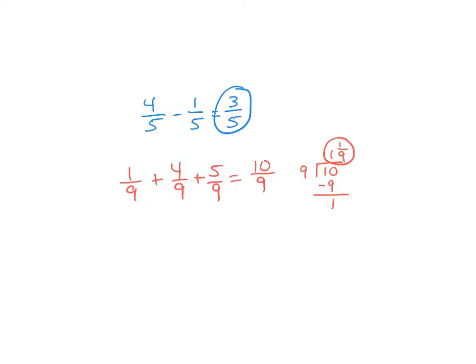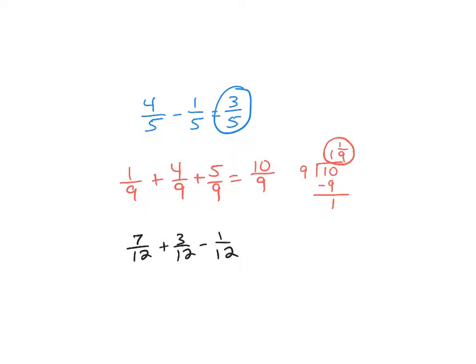Earlier, we also talked about following order of operations. So if you are given a problem like this one, 7/12 plus 3/12 subtract 1/12, once again, I have the same denominator, so I am just going to go straight across and add and subtract.